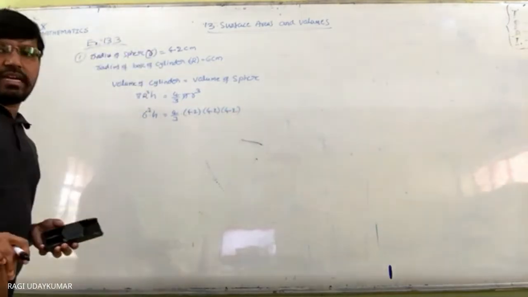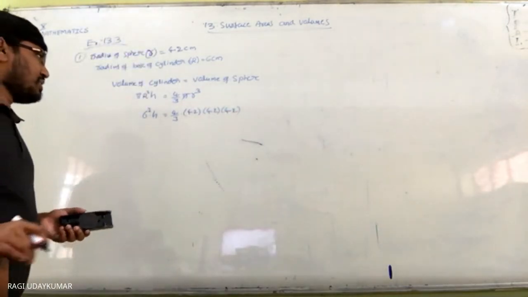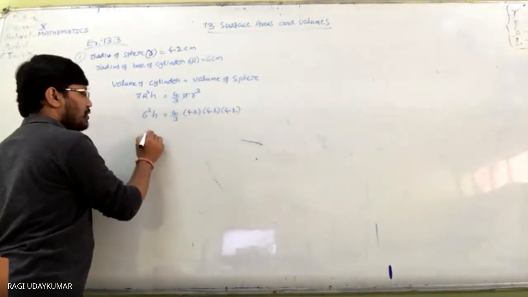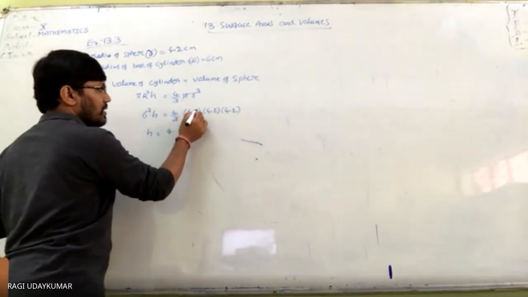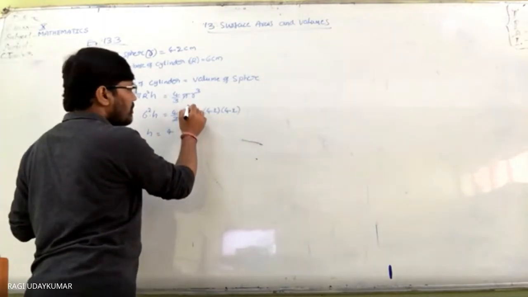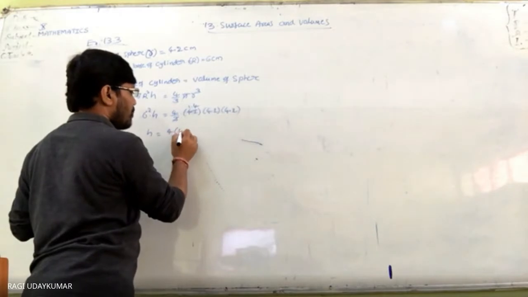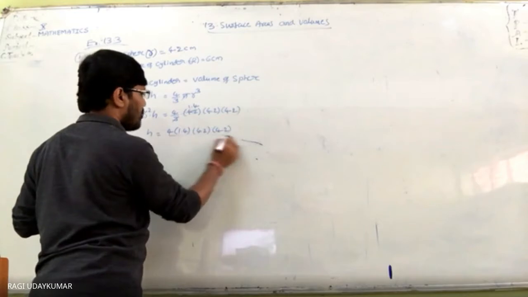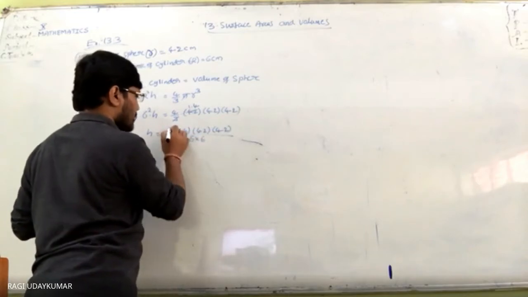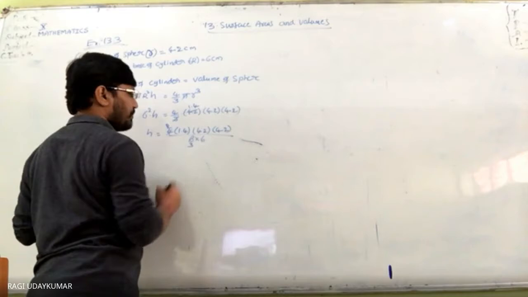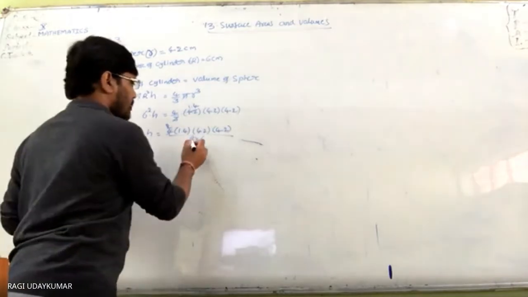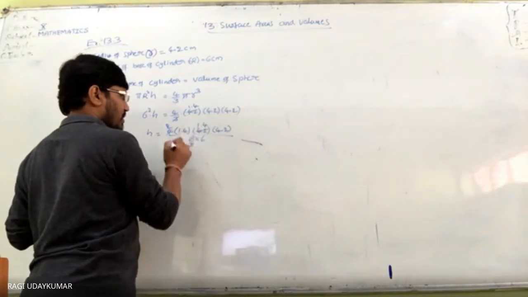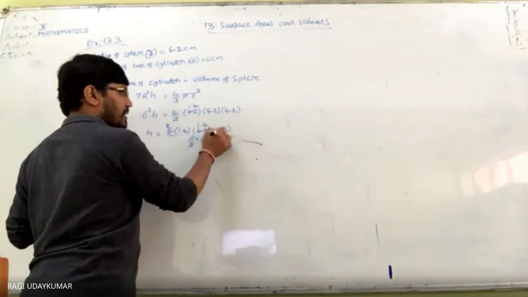We have to simplify this. There will be some more simplification here. So 6 square h is equal to, 3 ones are 1.4, so 4 into 1.4 into 4.2 into 4.2 divided by 6 into 6. 2 2s are, 2 3s are, 3 ones are 3, 1.4.